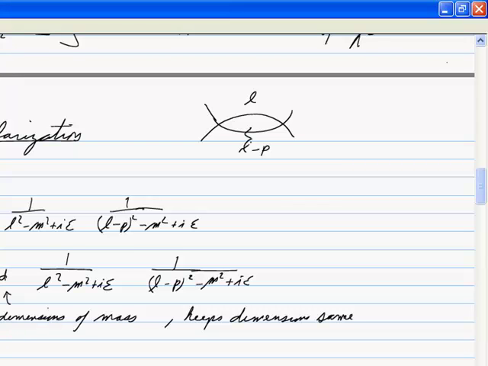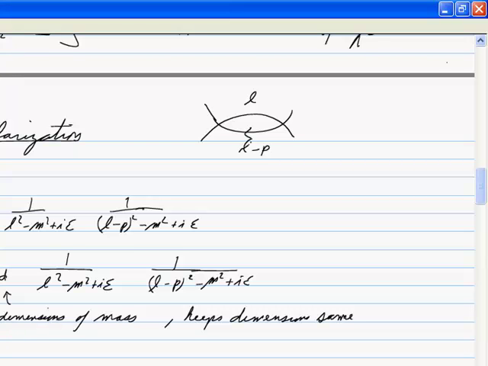But it's good for a couple of things. By keeping the dimensions correct, your results are going to have dimensionless numbers in them. So in this case, there's an m here.